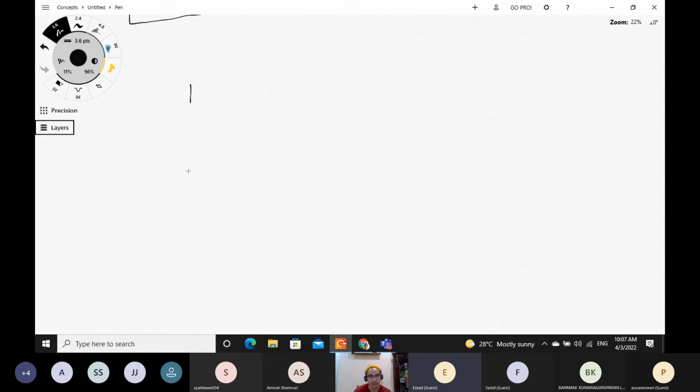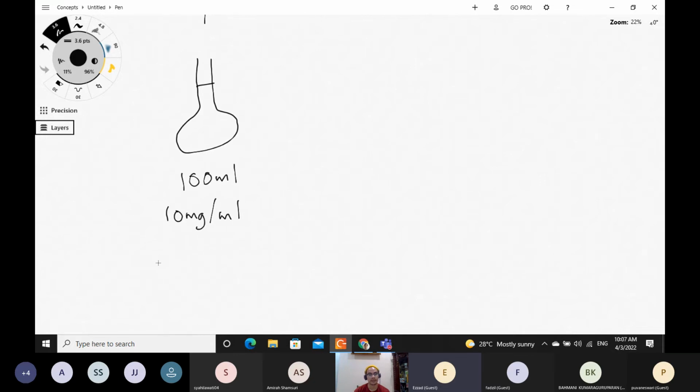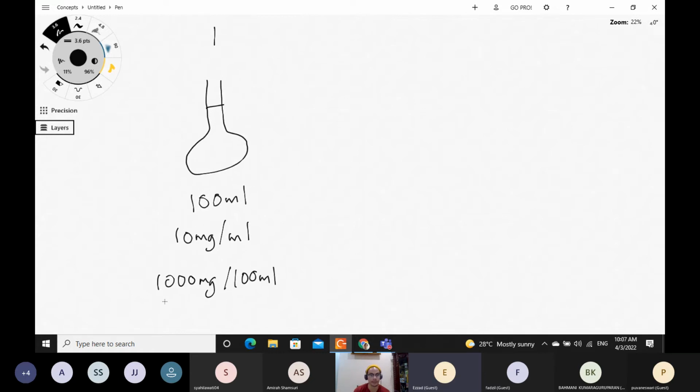Okay, so solution number 1, let's say this is a 100 ml volumetric flask. So in this 100 ml there is 10 mg, right. So if it is 10 mg per ml, that means inside here there is 10 multiplied by 100, which is 1000, my bad, 1000 mg per 100 ml. So there are 1000 mg of potassium permanganate in 100 ml of water.